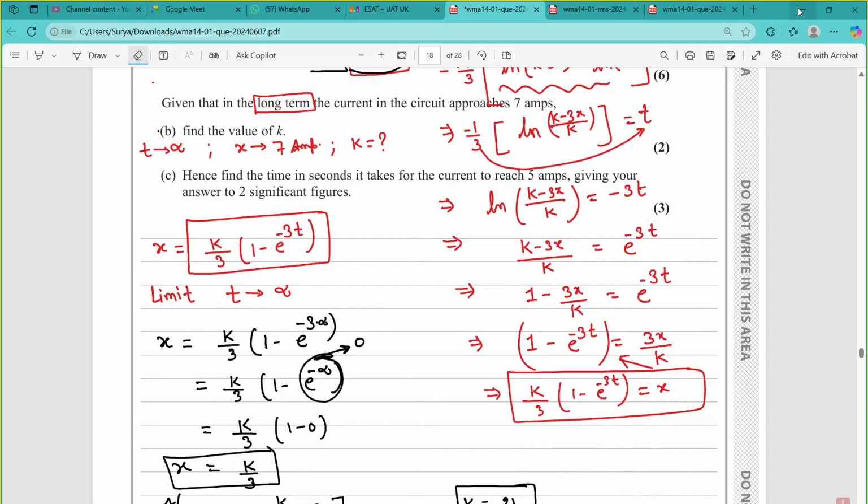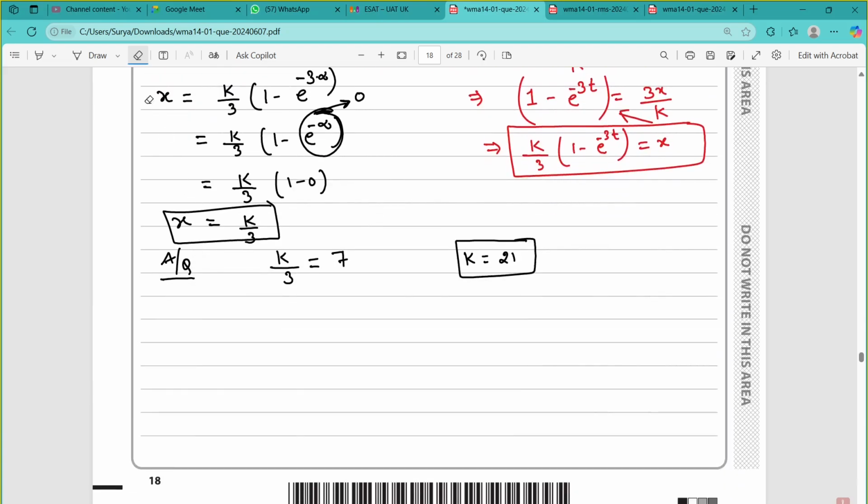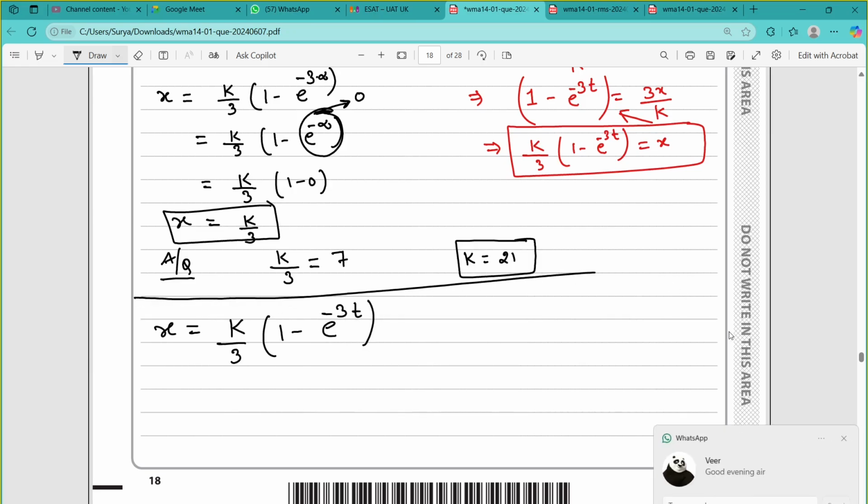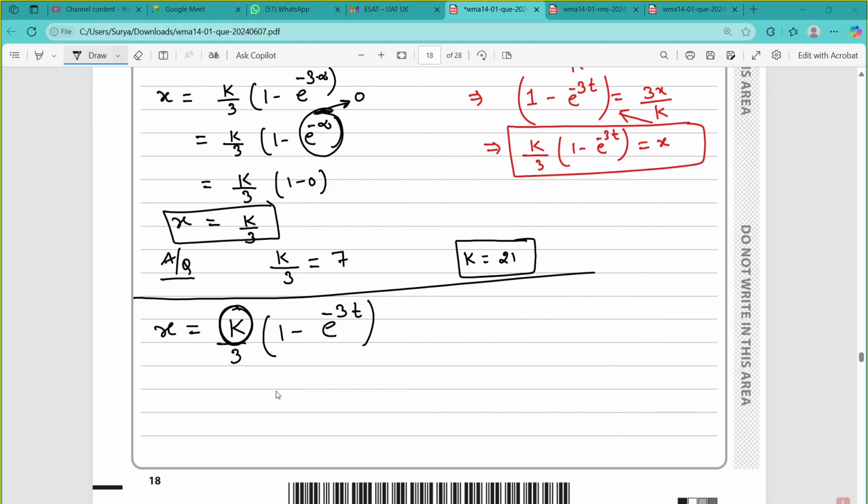Okay. So the question is saying for the C bit, hence find the time in seconds it takes for the current to reach 5 amperes. So we have the expression for our current: k upon 3, 1 minus e raised to power minus 3t. But we have the value of k, right?